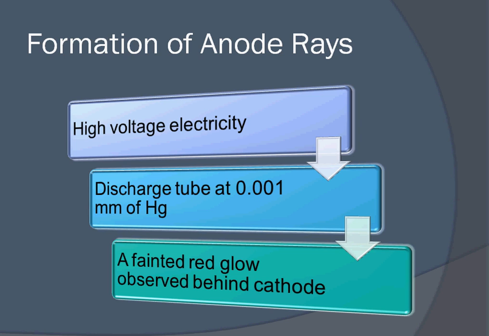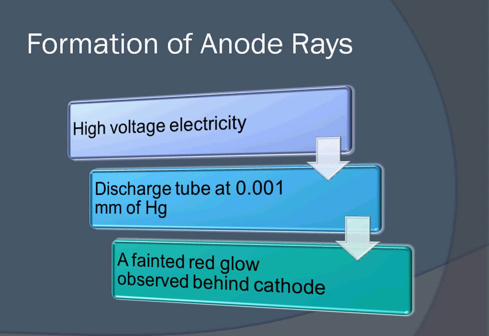So in this experiment, when the gas in the discharge tube is at atmospheric pressure, there is a large number of gas atoms in the discharge tube. These gas atoms collide with electrons and prevent them from reaching the anode. Since no electrons reach the anode, no current flows through the discharge tube.